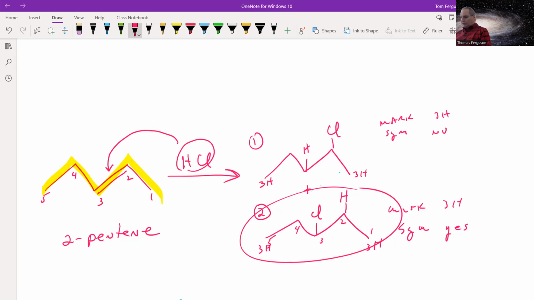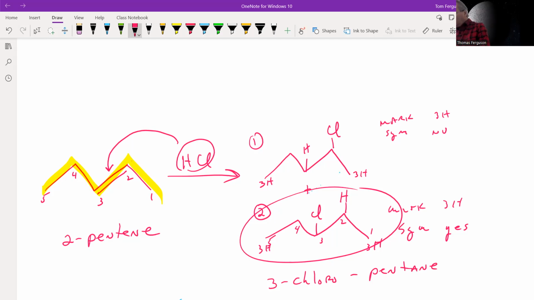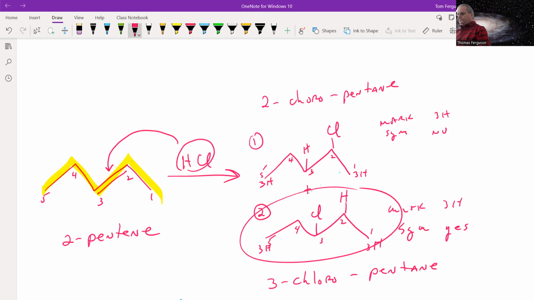Carbon number 3 is the chlorine, so it's going to be 3-chloropentane. The top one's going to be 2-chloropentane. So having all those parts gives you full credit on this problem.